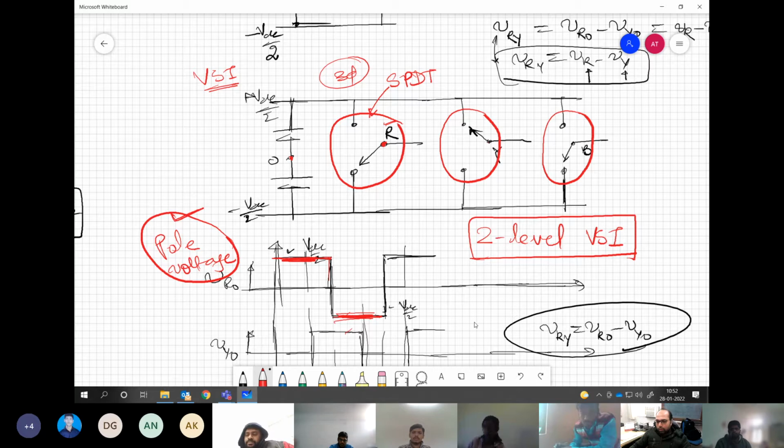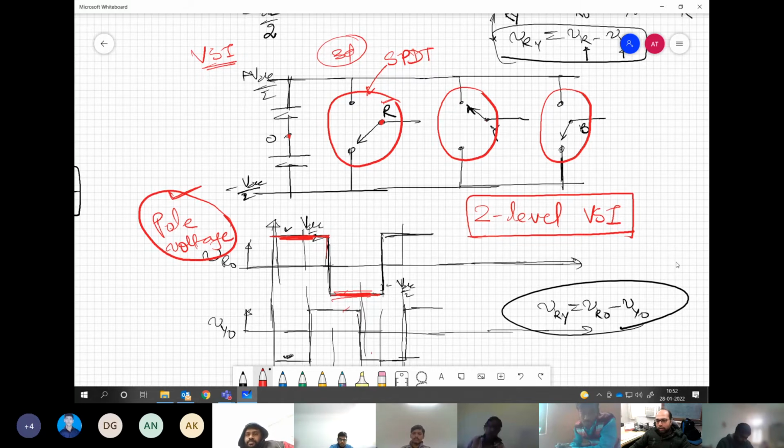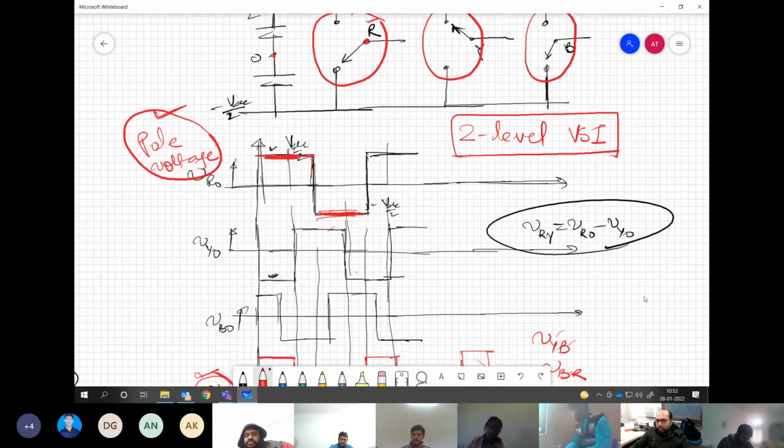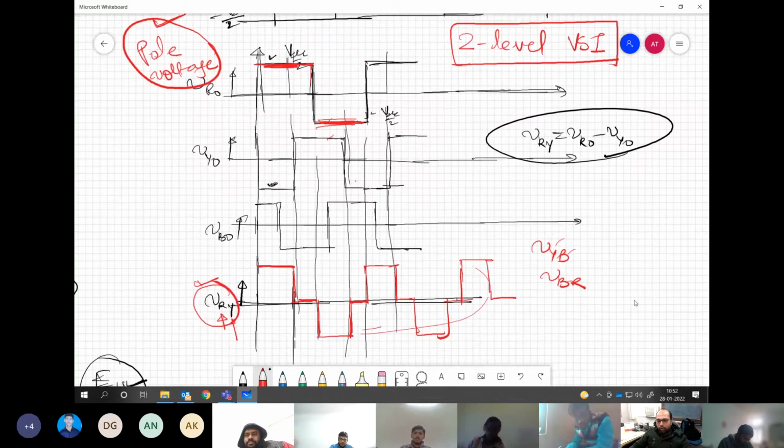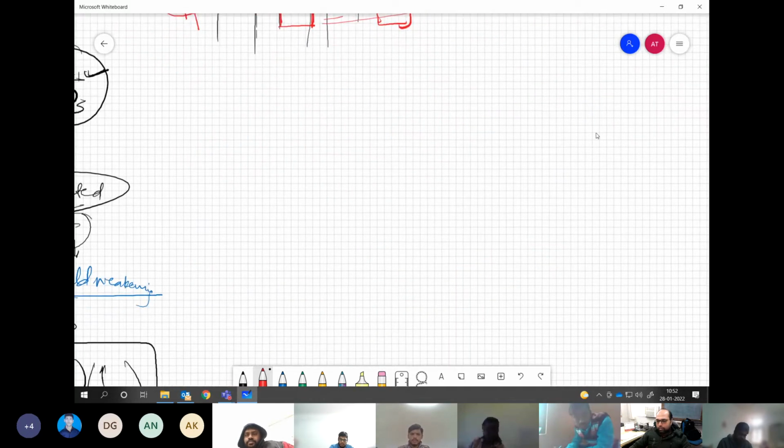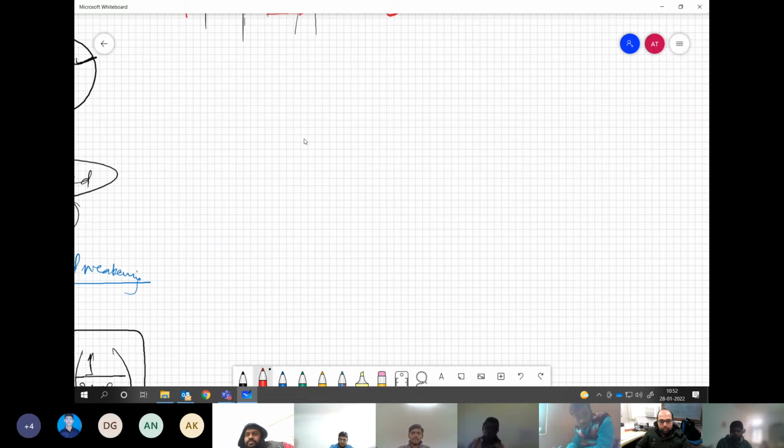Now, if we have to go for, let us say, introducing one more voltage level for the voltage source converter, what do we need? One more level. We need to have one more point so that we can get another set of switches. This is correct.